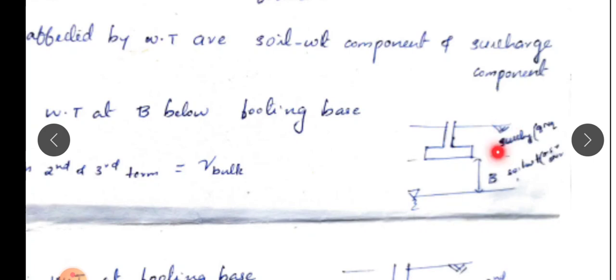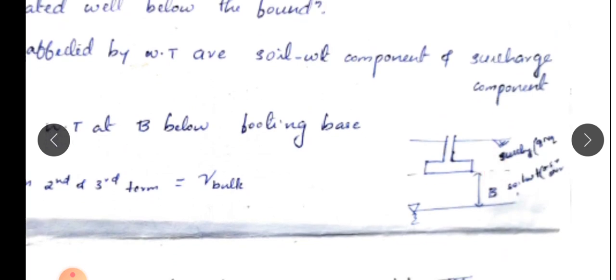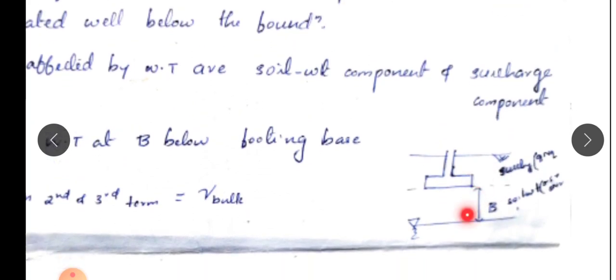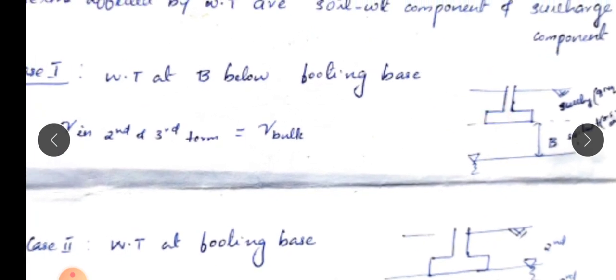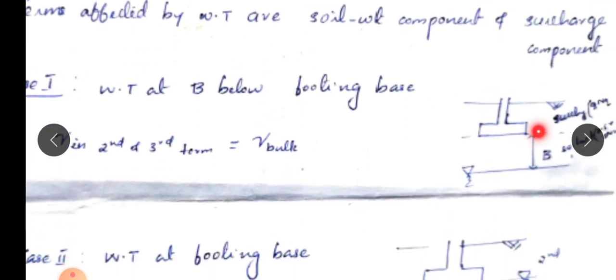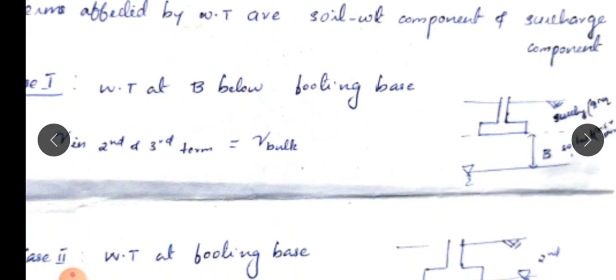The last component, 0.5 γ B Nγ or 0.4 γ B Nγ, that is the third term, is affected by the soil up to a depth B, the width of footing. The B comes here because the effect of the load will be for a depth equal to the width of footing.